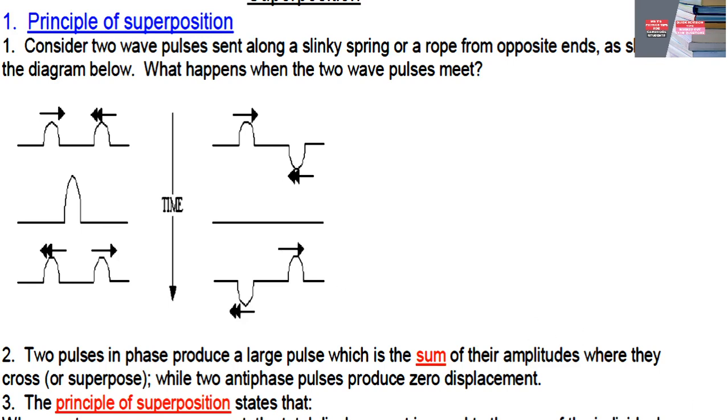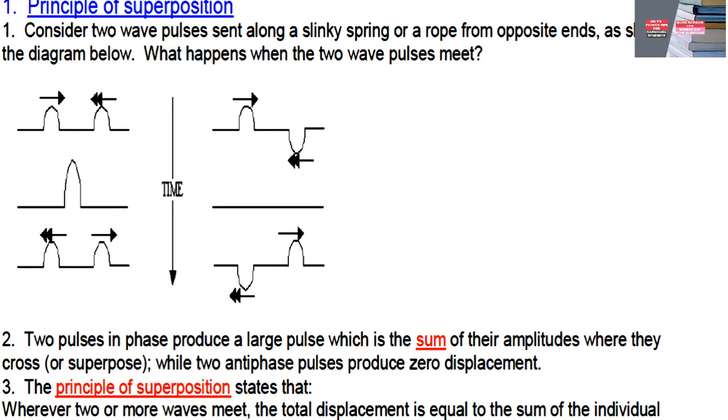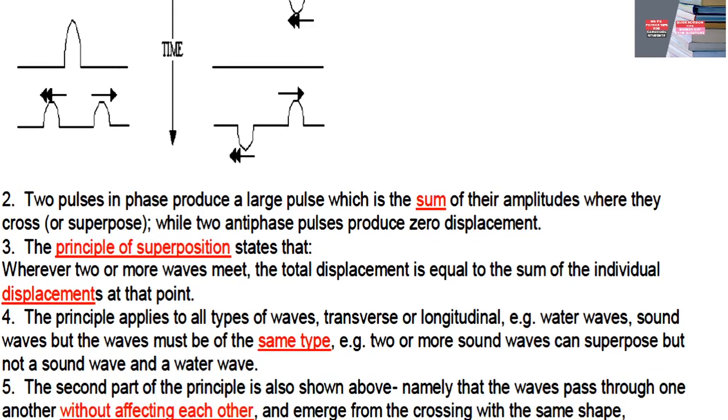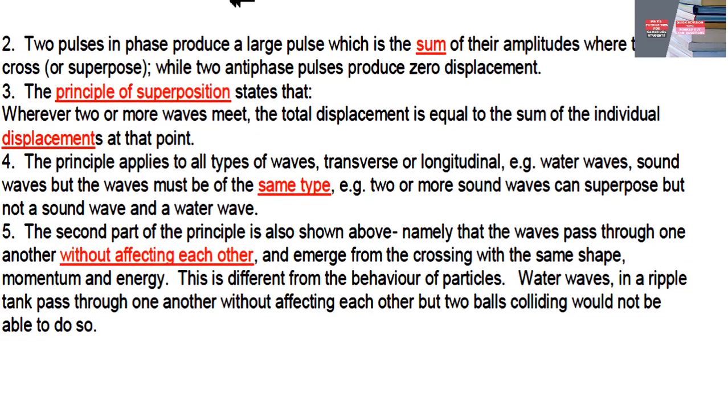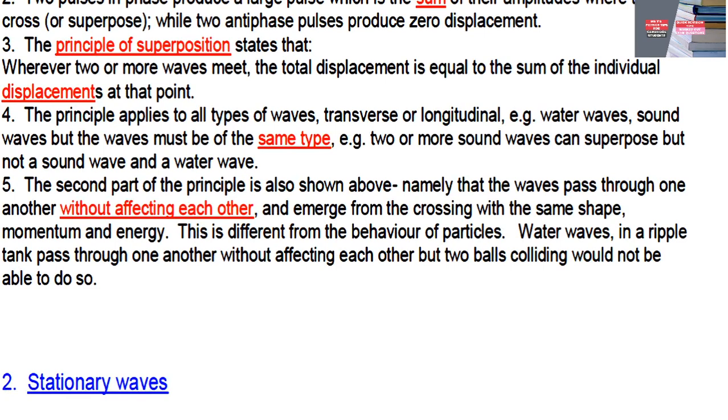The principle of superposition states that wherever two or more waves meet, the total displacement is equal to the sum of the individual displacements at that point.